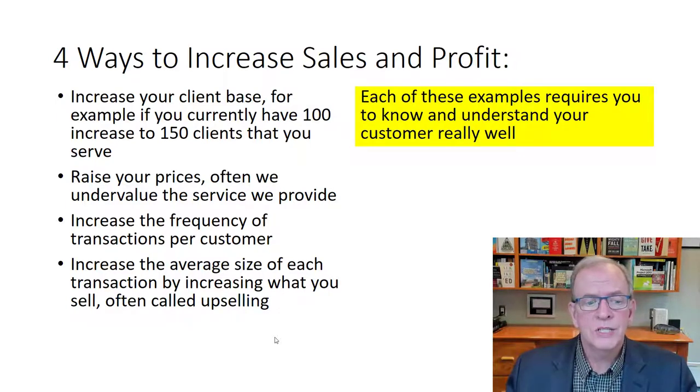Increase the average size of each transaction by increasing what you sell, often called upselling. Well, that is where you are selling something and you're offering other extras and options.